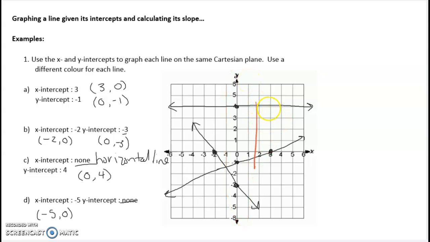So this one's going to have to be a vertical line. If it happens at x equals -5, x equals -5 is right here, so it's going to follow this line straight down. Okay, so now we have a vertical line.